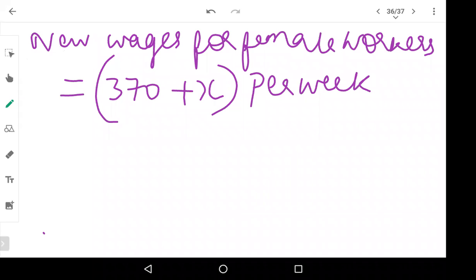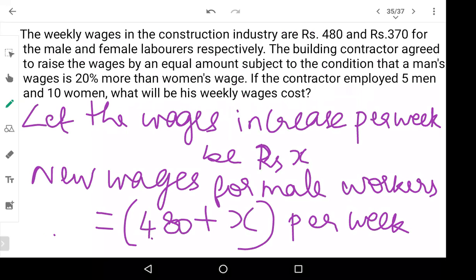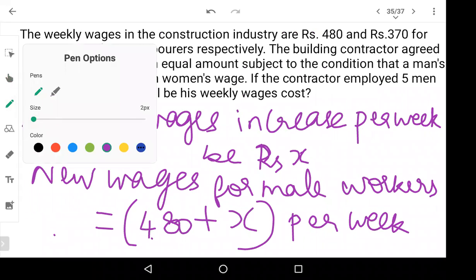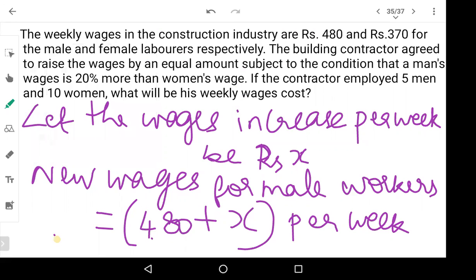Now we will go back and read the question once again. The building contractor agreed to raise the wages by an equal amount subject to the condition. See, it says equal amount. While you're writing, underline this. I'll highlight it, maybe that will help you.